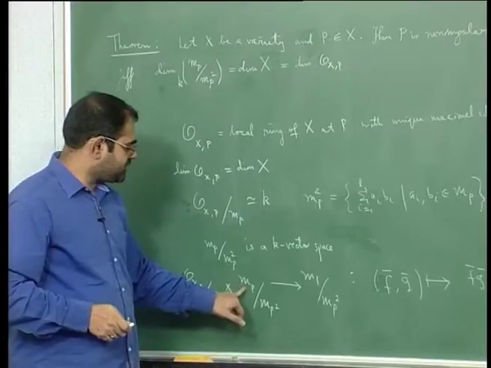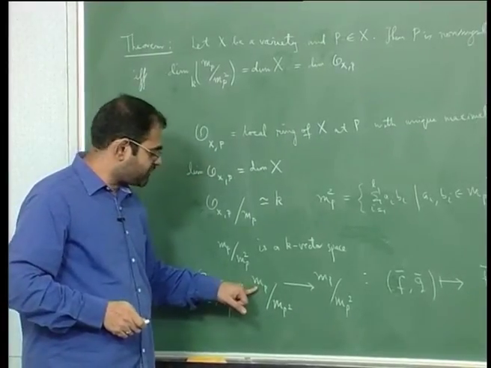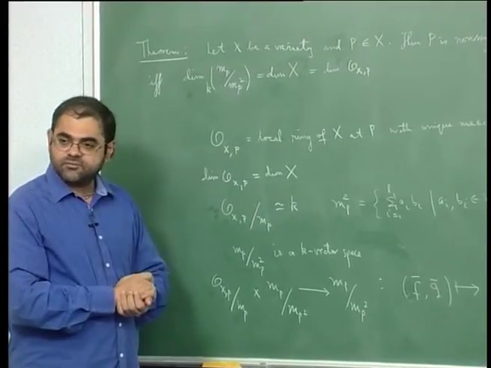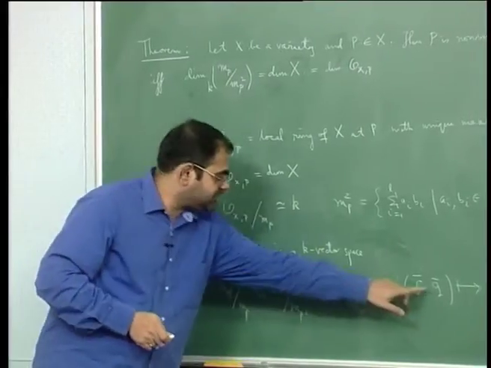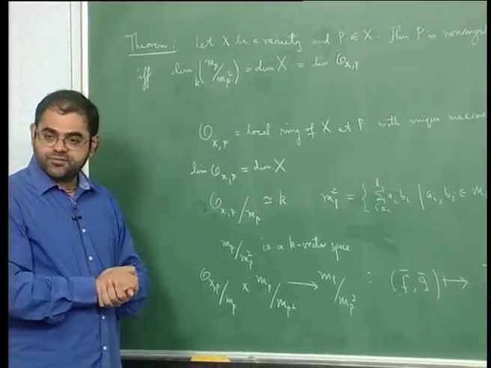G bar is just the image of G. G is just a regular function in a neighbourhood of P, germ of a regular function in a neighbourhood of P which vanishes at the point P. So G is in MP, and its image in the quotient MP mod MP squared is G bar.